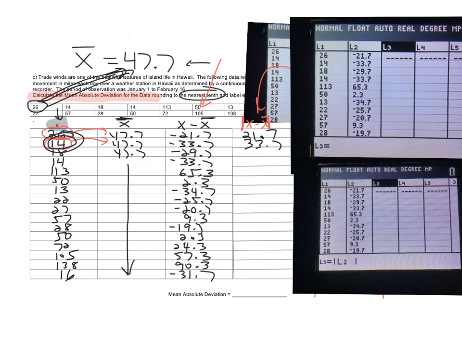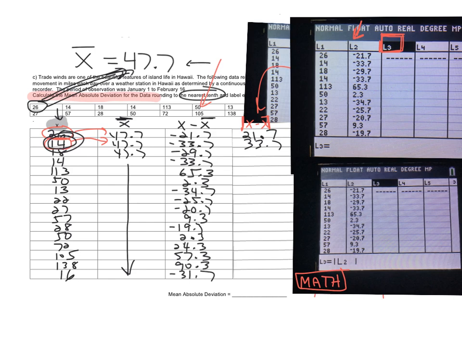So move your cursor to the very top of list 3. What you want to do is tell your calculator to take the absolute value of every number in list 2. So while the cursor is on top of list 3, we're going to go to absolute value, which is the math button.